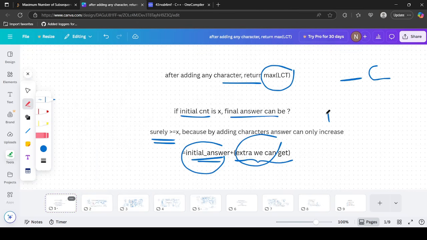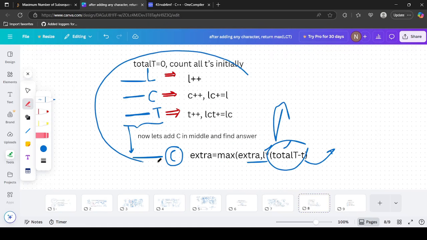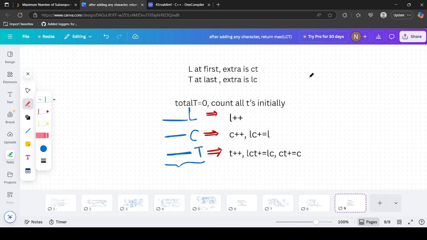But how do we get the answer when we are adding L in the beginning or T at the end? We can simply add L to the original string and then find the subsequences, or add T to the string and then find the answer. But can we do some changes in this only, to get our answer without doing any extra O(n) operations? Yes. If we are adding L at the first, then what is the extra? It will be simply the count of CT subsequences.